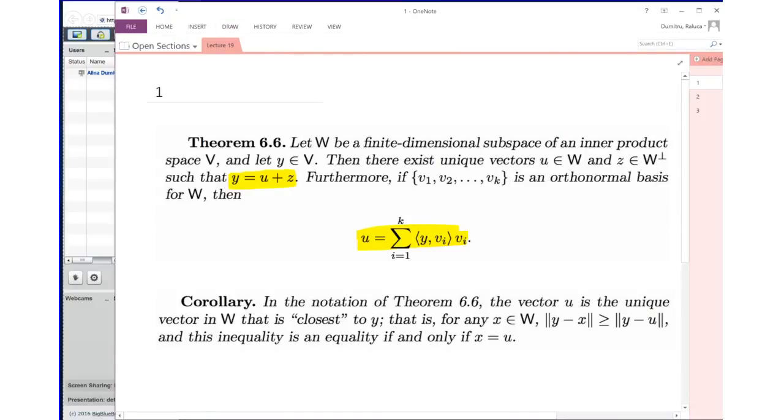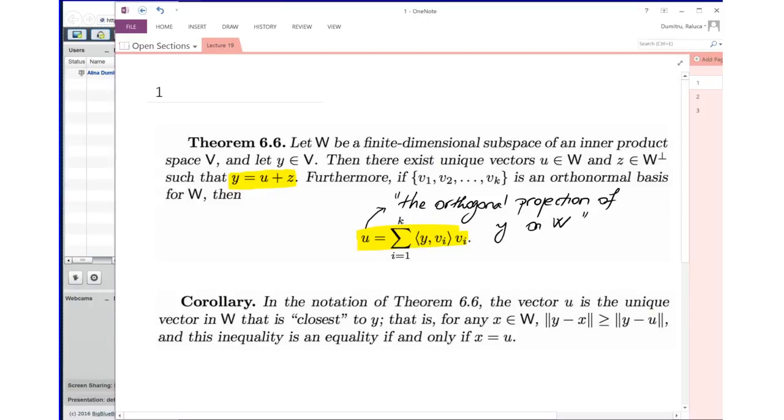This vector u has a name, it's called the orthogonal projection of the vector y on the subspace W.